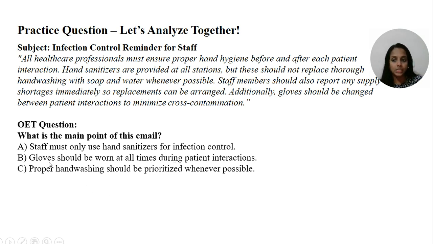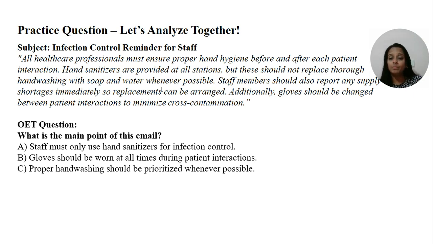And the option B is gloves should be worn at all times during patient interactions. And option C is proper hand washing should be prioritized whenever possible. So you got the three options, and your job is to find out which fits the best.